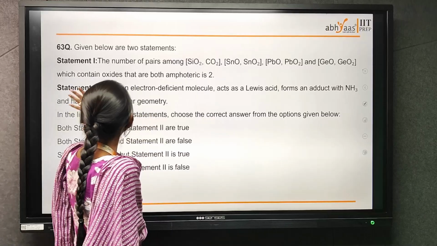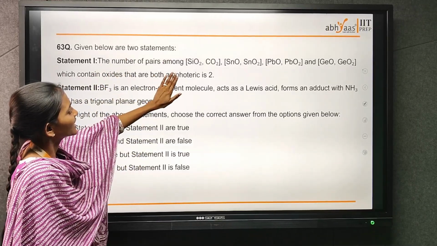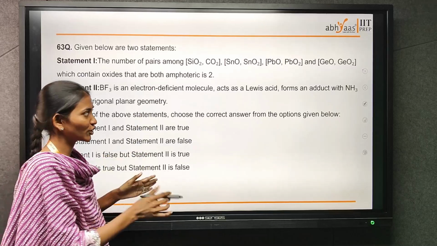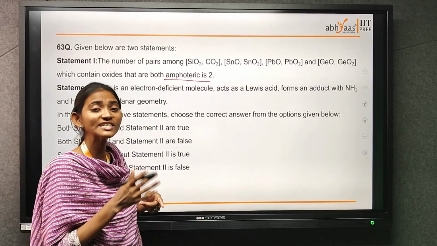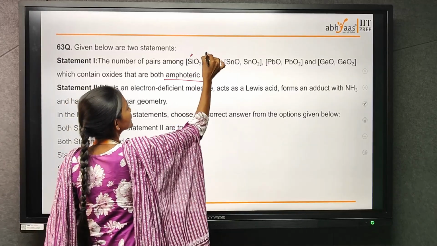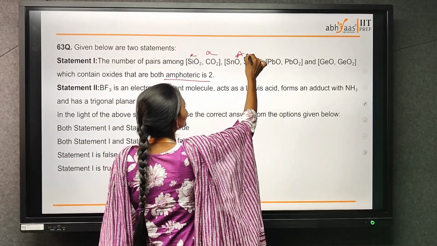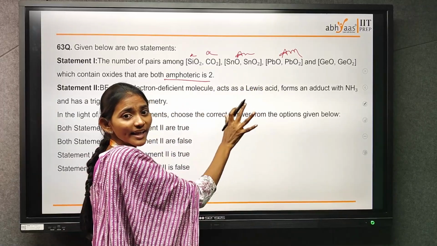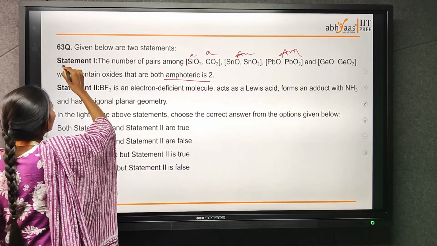Moving on to the next question, statement based. The number of pairs here which contain oxides that are both amphoteric. Amphoteric means it shows acidic and basic behavior simultaneously. So this is acidic, this is acidic, this is amphoteric, this is amphoteric. So we have two only, and they have said the same, so the statement will be correct.